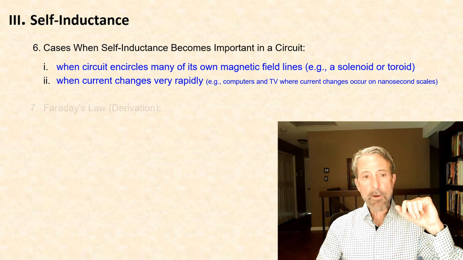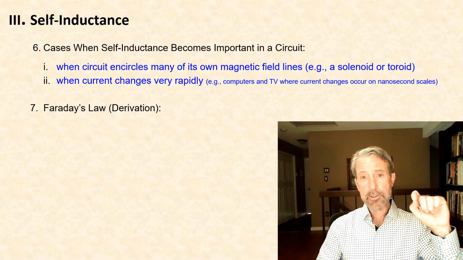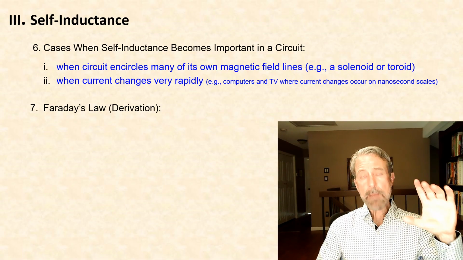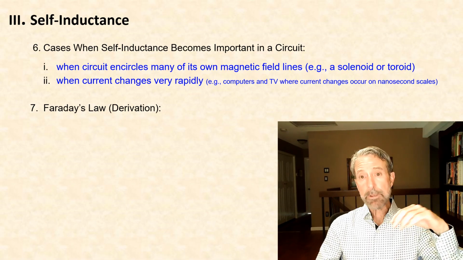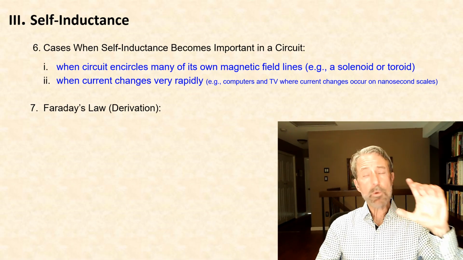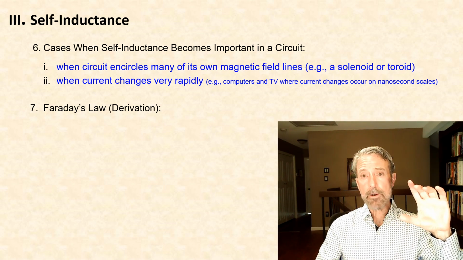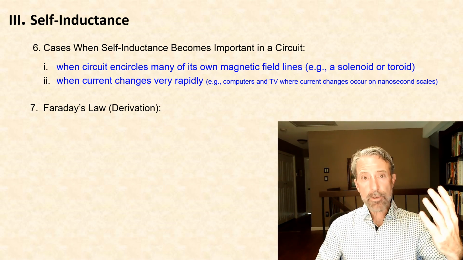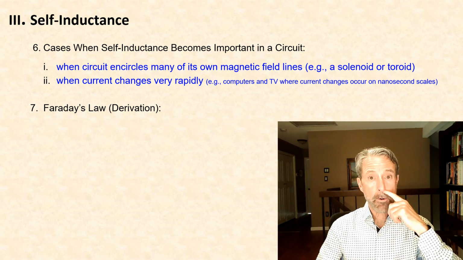What we're now going to do is turn our attention to Faraday's law. In the same way that we derived an expression for Faraday's law that applied to the mutual inductance of two coils, we will derive an expression for Faraday's law that applies to the self-inductance of a single coil.